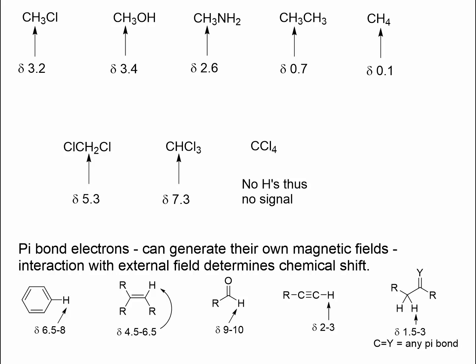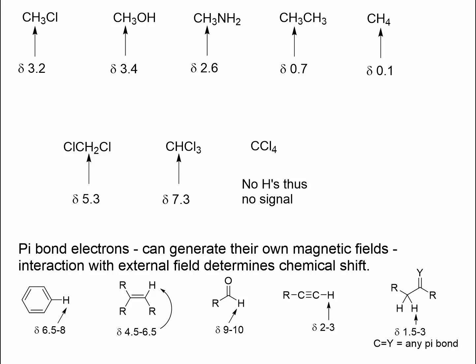Okay, the electronegativity effect is, for the most part, additive, but not completely additive. Here we have dichloromethane, it's at 5.3. Here, chloroform, it's at 7.3. What you'll notice here is that you don't get quite as much electron withdrawing power, right?